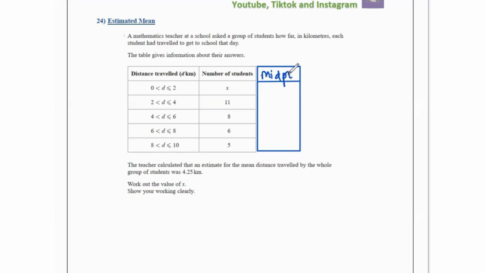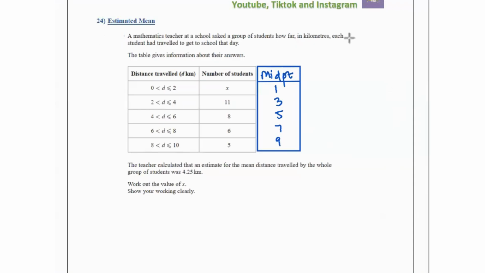Midpoint. So midpoint of 0 and 2 is 1. 2 and 4 has a midpoint of 3. 4 and 6 has a midpoint of 5. 6 and 8 has a midpoint of 7. And 8 and 10 has a midpoint of 9.